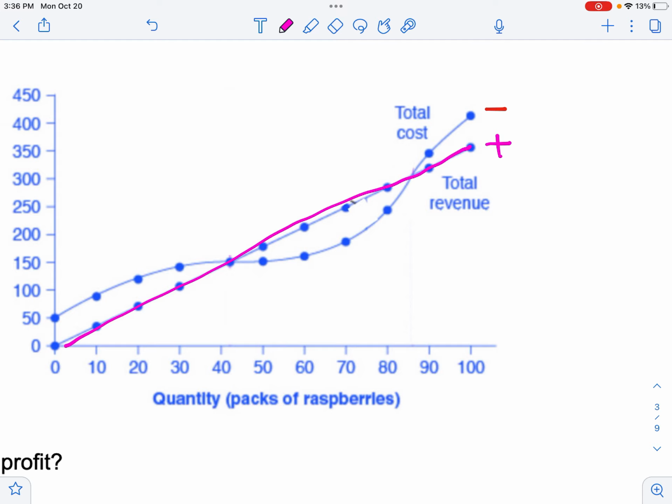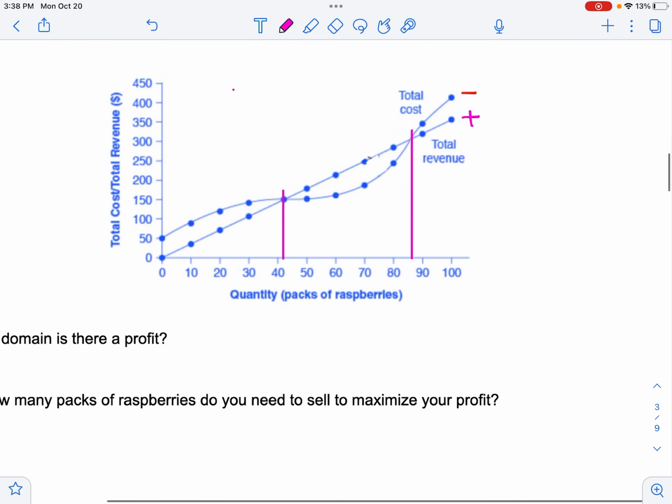That's probably a little bit better. So it appears maybe the domain would be from 41 or 42.